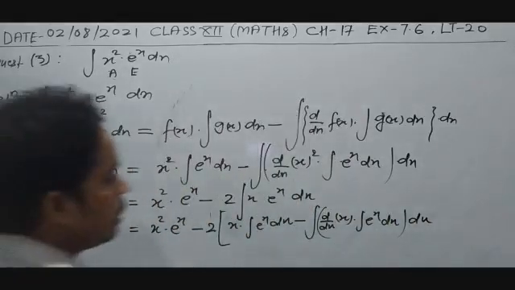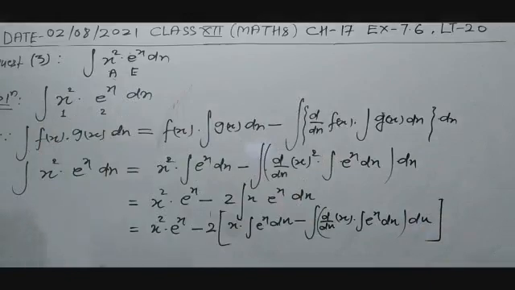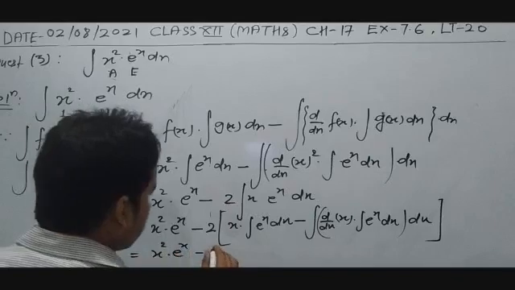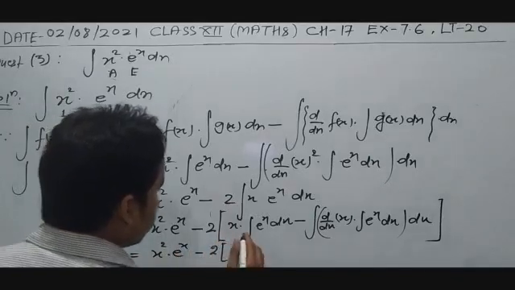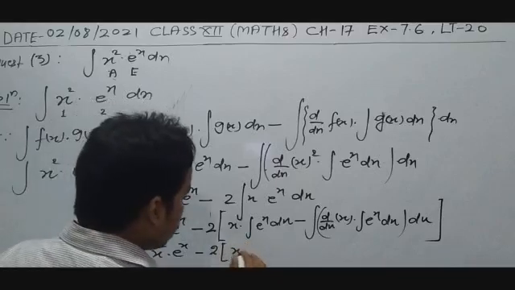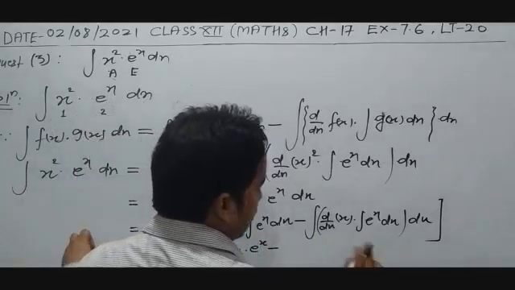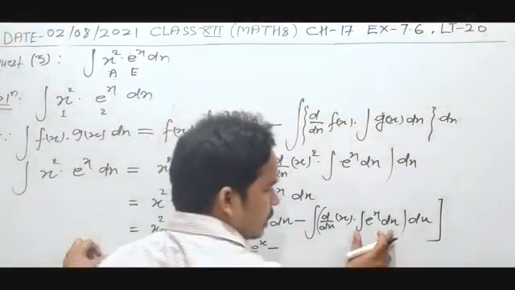Now its result will be x square e to the power x minus 2 times, square bracket. This result is x times e to the power x minus, suppose d by dx of x is 1 and its integration is e to the power x.